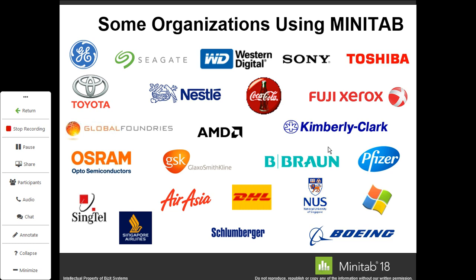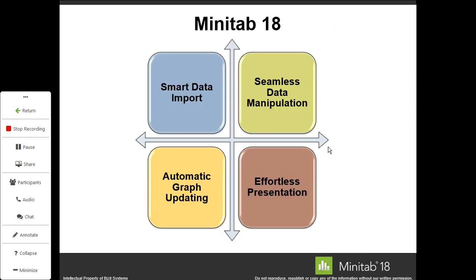banking, CIMB. This is Minitab 18. Minitab 18 has smart data import. Once you import your data from Excel, Minitab will remove extra space and make column length equal. Minitab 18 also has seamless data manipulation, where you can have a subset and the most frequent value in your worksheet, not only for analysis. You can get some description of the data from the worksheet.